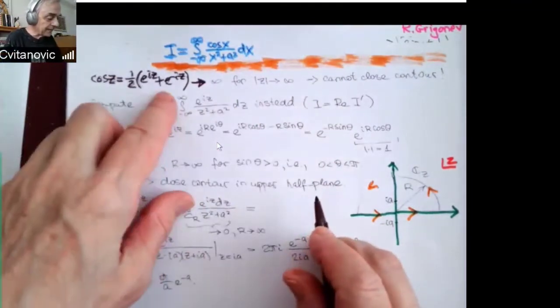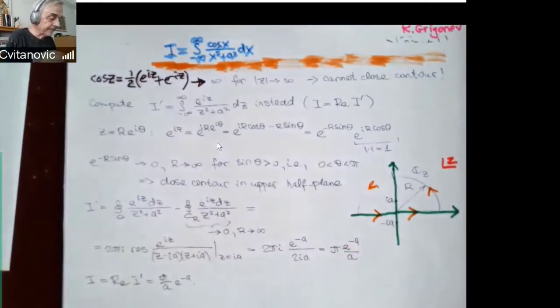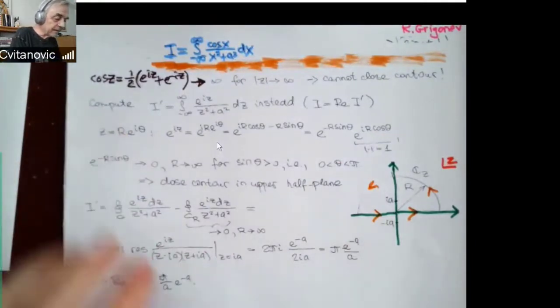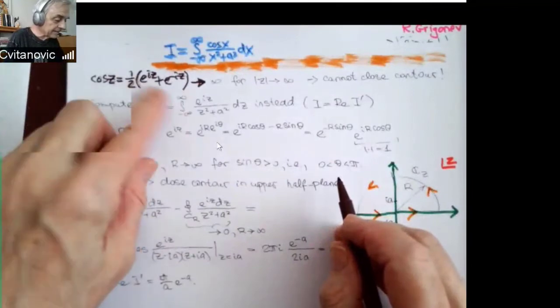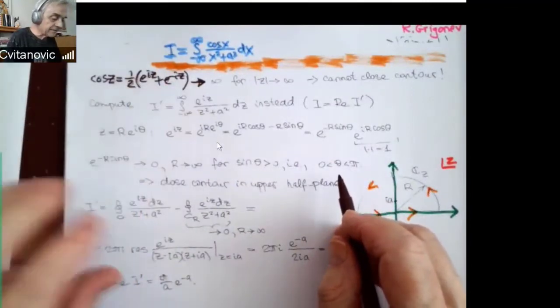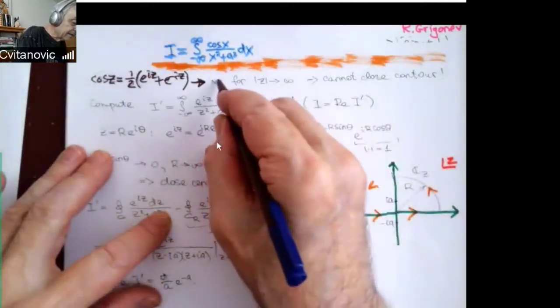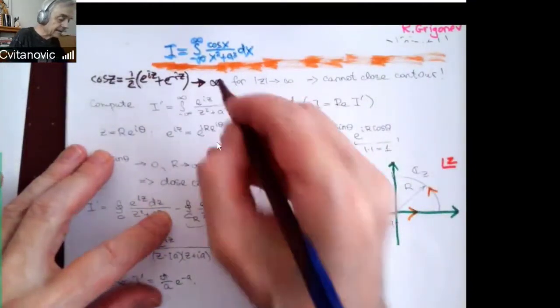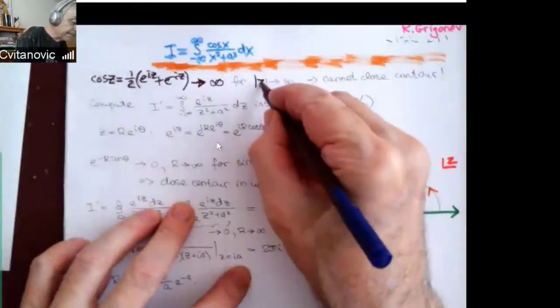I can complexify this, but this is going to be bad because if I take z large, then either one of these guys will diverge, so I can't. So this simplification looks like a bad idea.